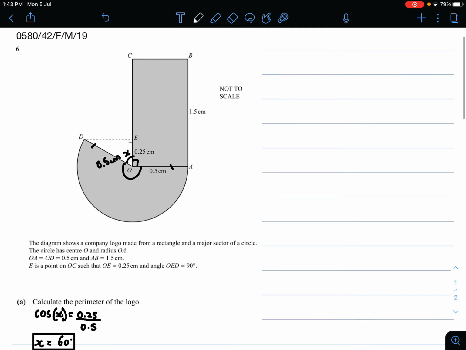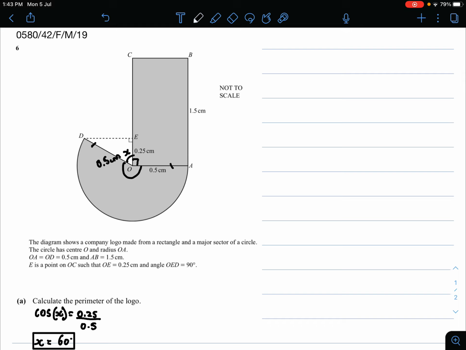Now let's find the angle Y. So Y is equal to 360 minus 60 minus 90. So you can either use your calculator or do it mentally. So you would get 210 degrees.